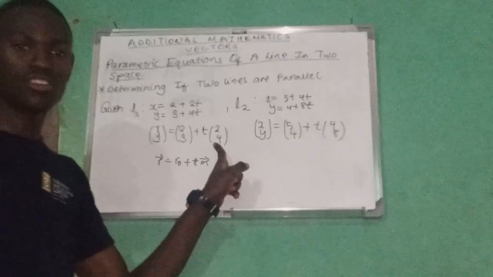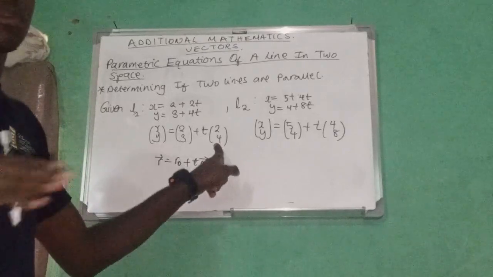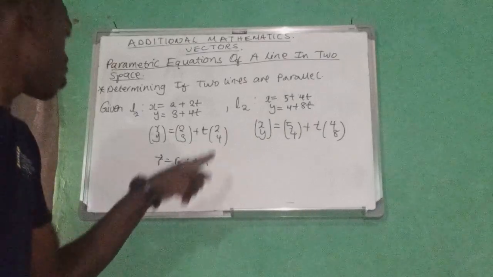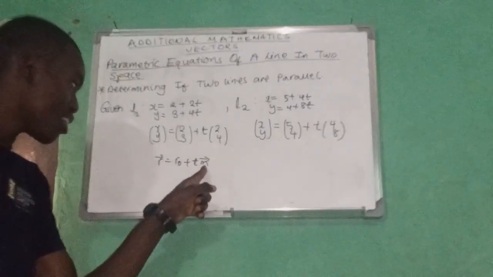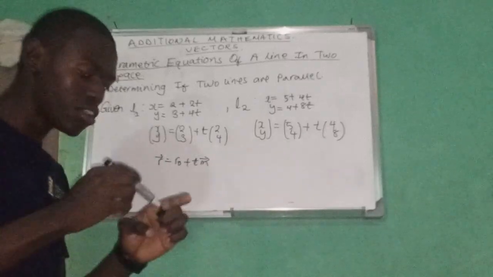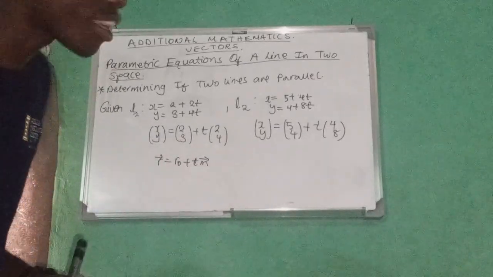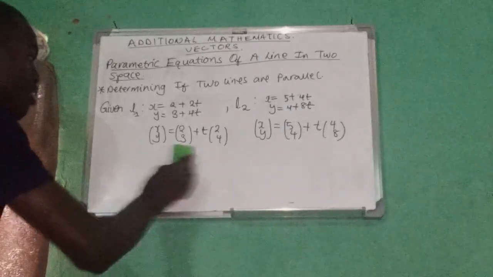So it can increase the direction vector, or it can decrease it when you're multiplying by fractions. Then this m is the direction vector, this part. So if two direction vectors are scalar multiples of each other, it means that these two lines are parallel.